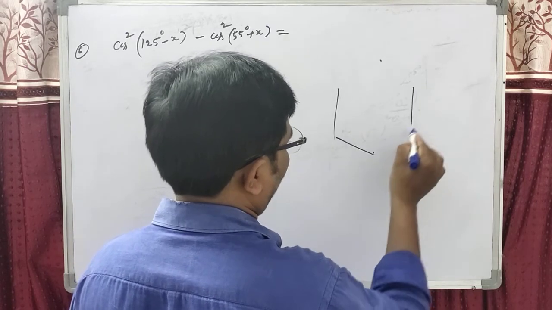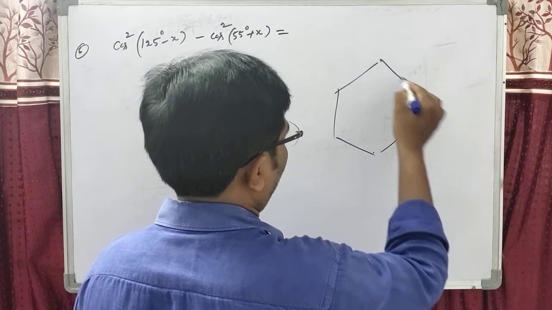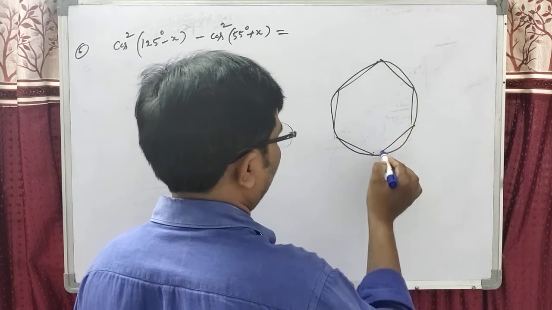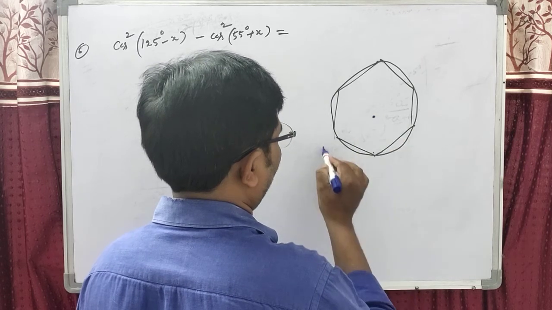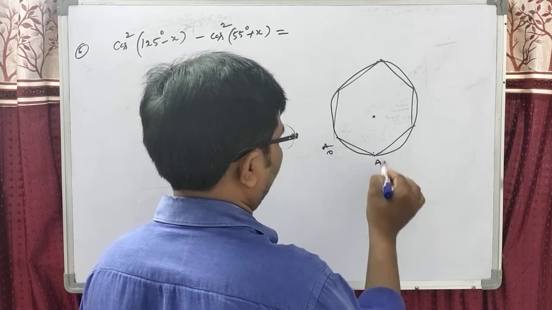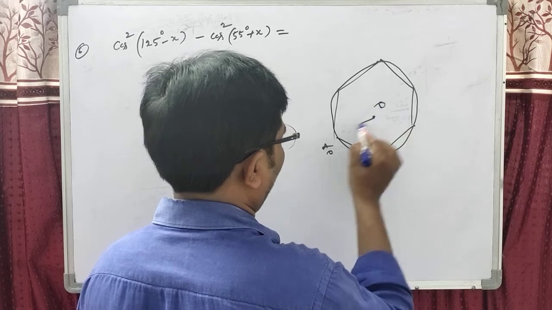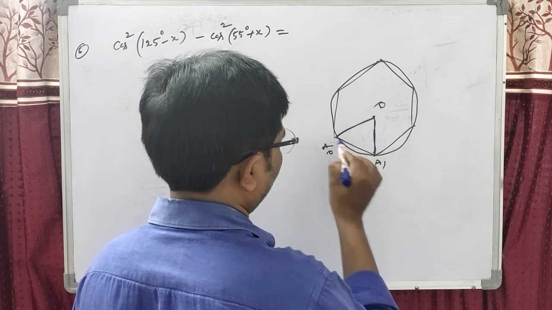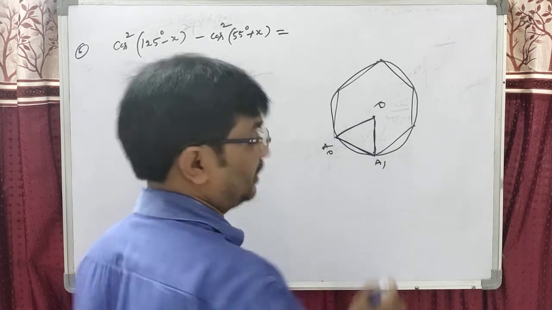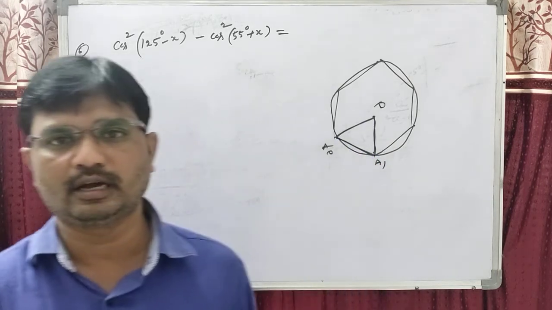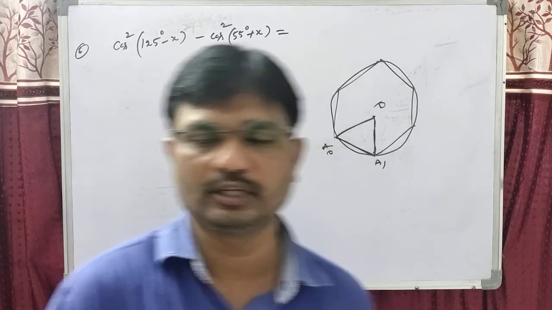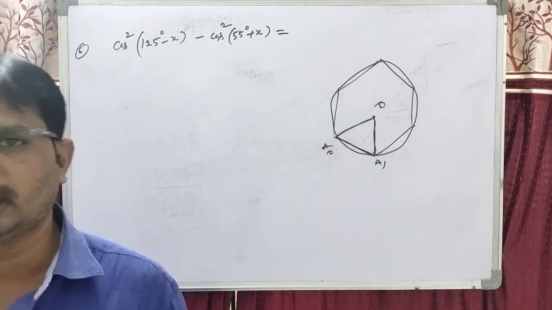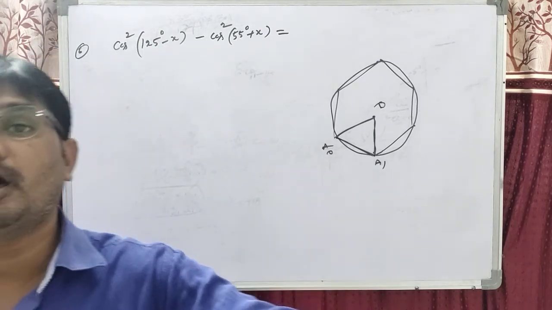The regular hexagon inscribed in a circle. One student asked me whether it was given or not. So here this is A0, this is A1, and the center of the circle is O. Dear students, yesterday I forgot to write that the regular hexagon is inscribed in a circle. I wrote only the regular hexagon inscribed in a circle of radius 1 unit.